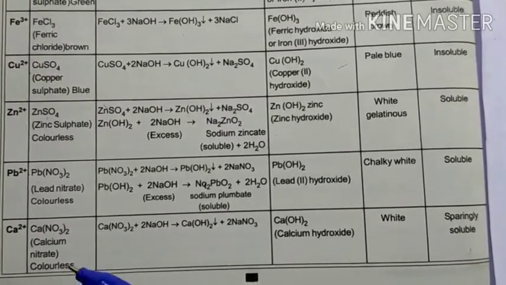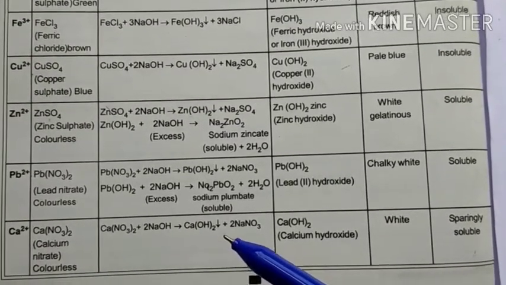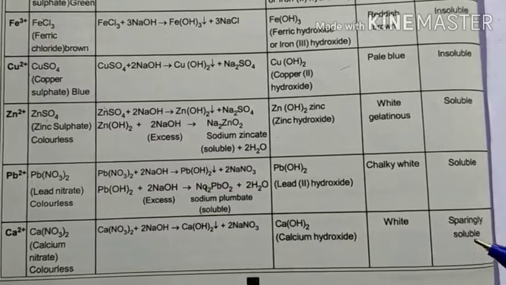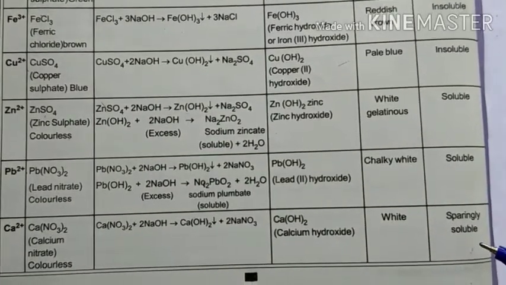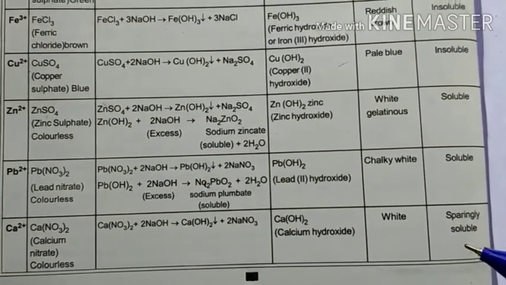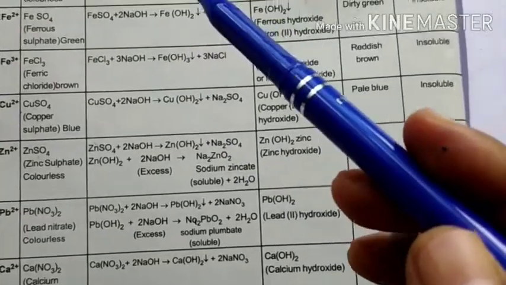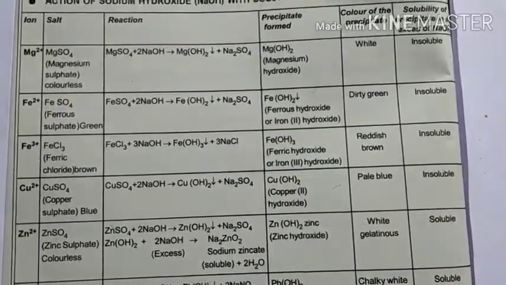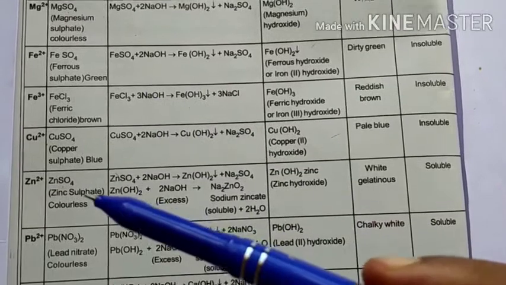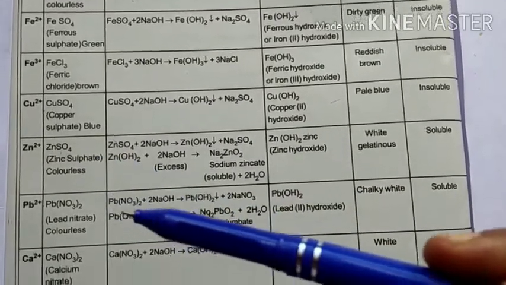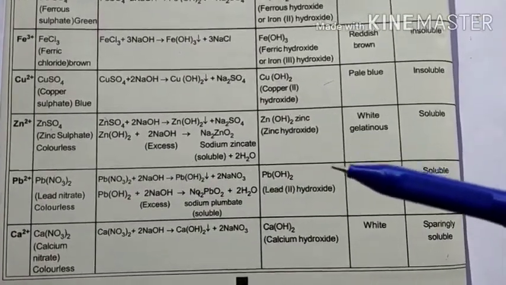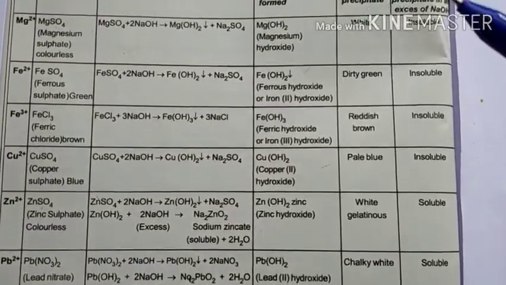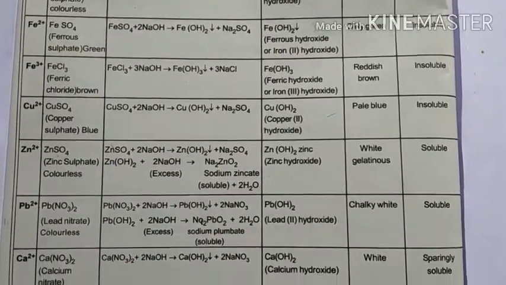In calcium salt, NaOH forms calcium hydroxide, a white precipitate, which in excess is sparingly soluble but not properly soluble. So students, from all these salts, only zinc and lead salts are soluble in excess NaOH and the other salts are insoluble.